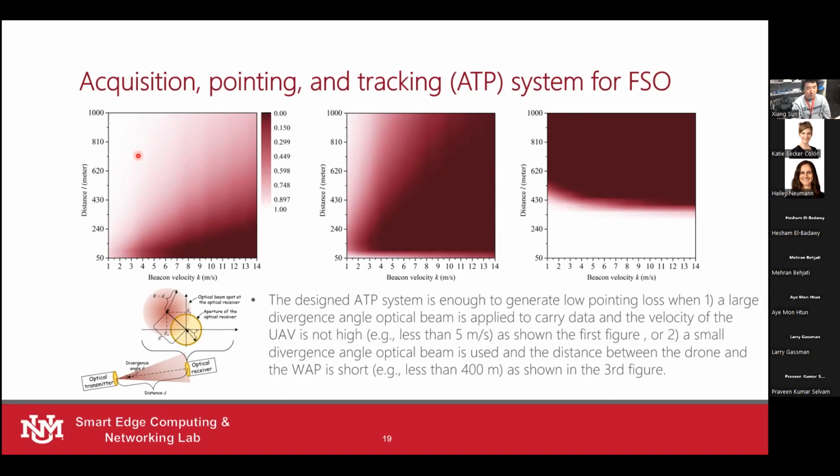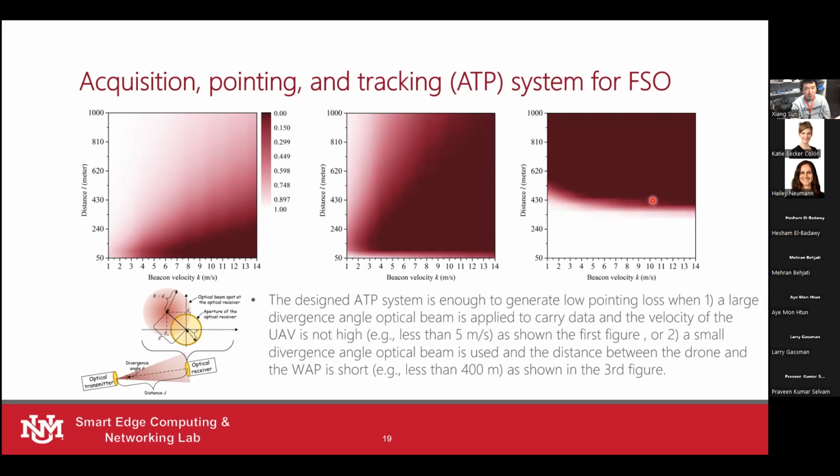the pointing loss is really negligible if the velocity is less than 5 meters per second, or if we apply the small divergence angle optical beam and the distance between the drone and the base station is short, for example less than 400 meters.